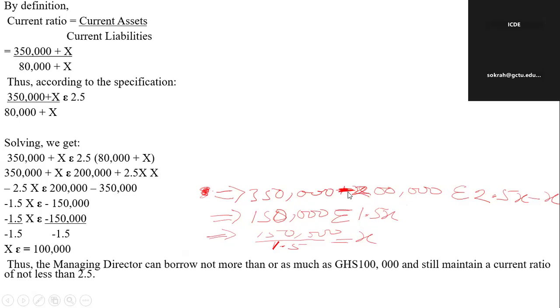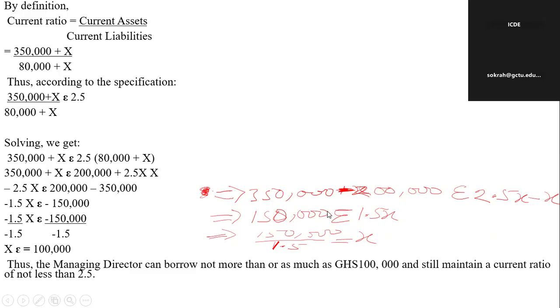Now, if you subtract this, you have 150,000 left, which will be equal to what? If you subtract this from this, that gives you 1.5x. That is 2.5x minus 1x. So we are making x the subject. What do we do? We divide through by 1.5. So if you divide 1.5x by 1.5, it cancels the 1.5 and you are left with x.